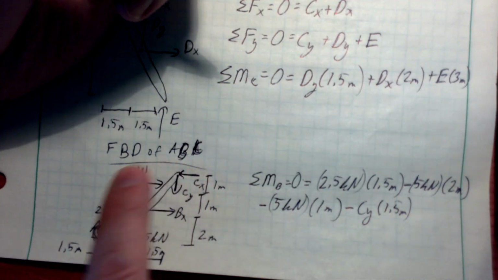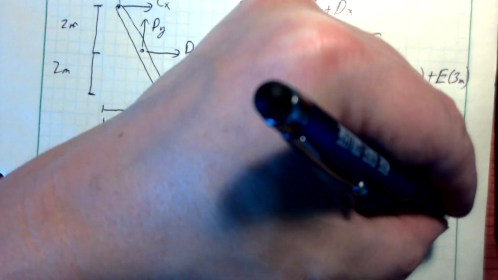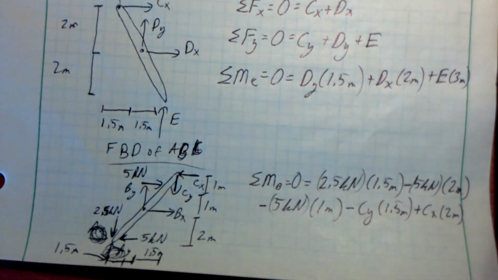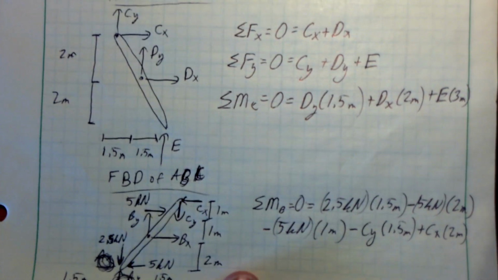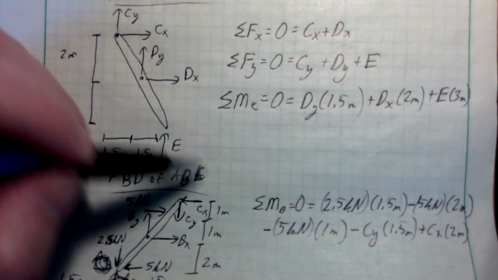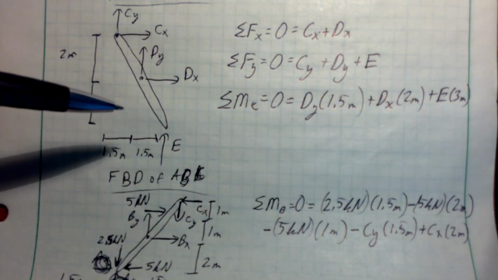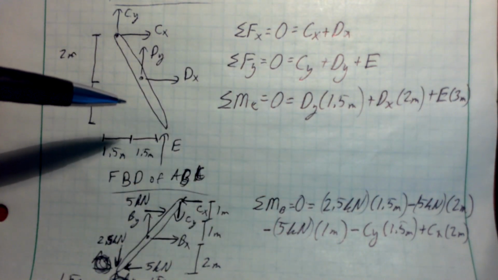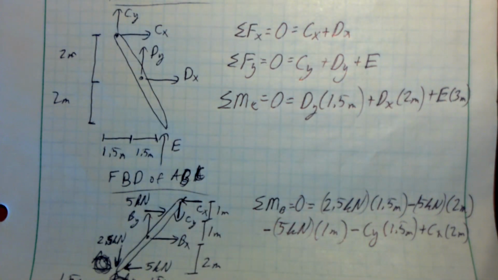As I've drawn it here, it's trying to cause a counterclockwise rotation. So that is plus CX at 2 meters. Note what we've got now. I have 4 equations with 4 unknowns. That is solvable. I'm going to pause here and let you do that algebra, and let's talk about it.